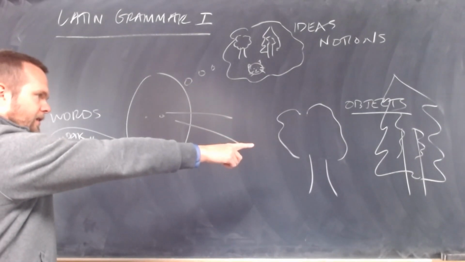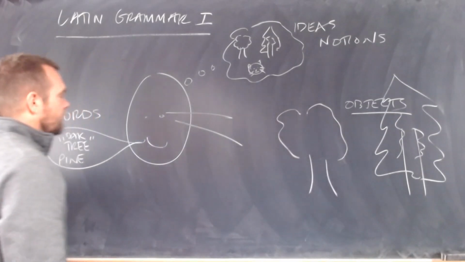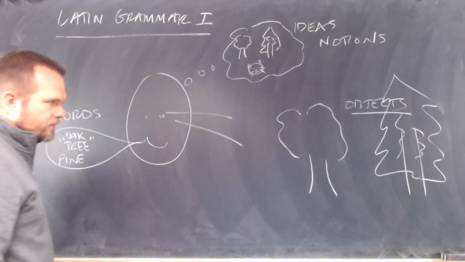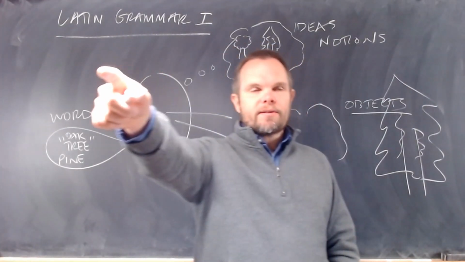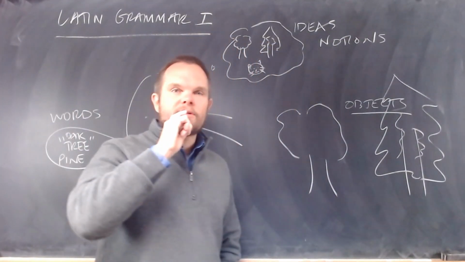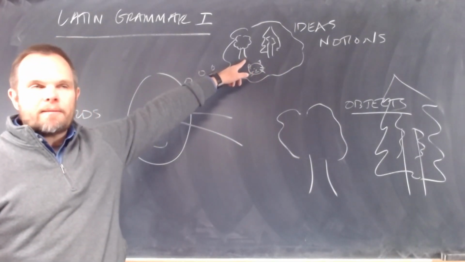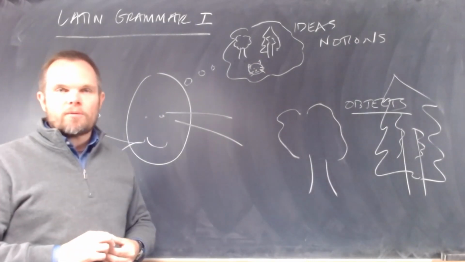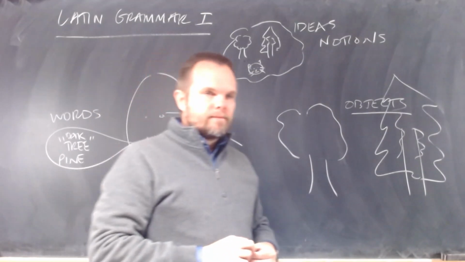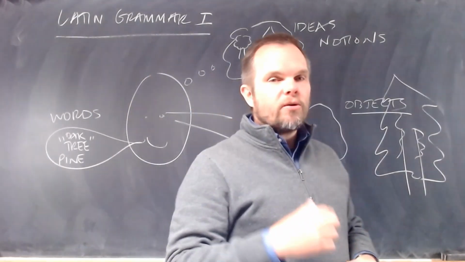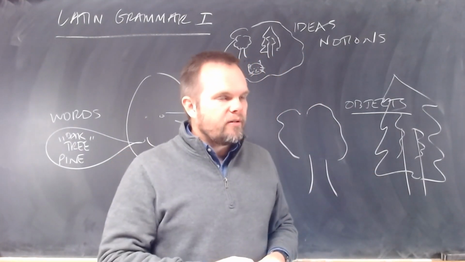Objects that exist outside of your mind, ideas that exist in your mind, and then words. Words are signs of ideas. Words are symbols that you speak to name the ideas in your mind. And this goes on in your mind constantly, whether you pay attention to it or not.